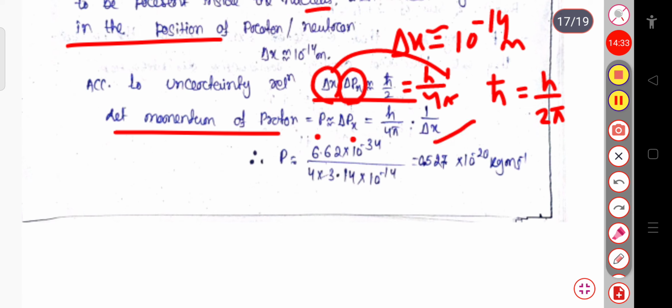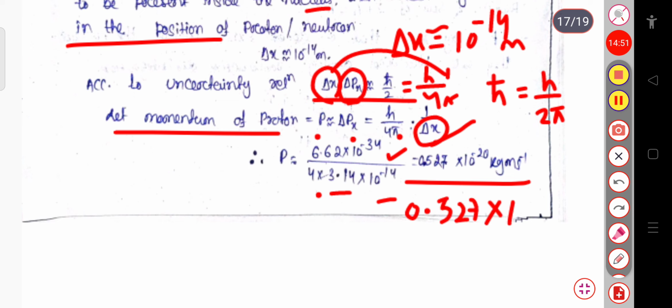Now if I put the value of h, that is 6.62 into 10 power minus 34, divided by 4 into pi, which is 3.14, into delta x equal to 10 power minus 14, then the answer will be 0.527 into 10 power minus 20 kg meter per second. This is the momentum of the proton.